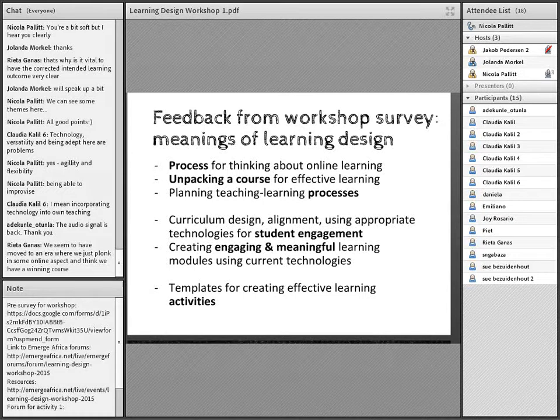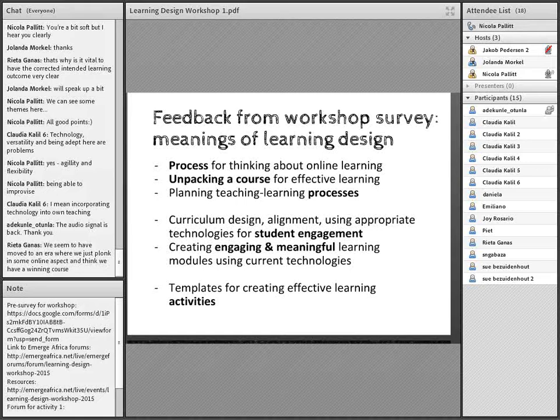So some people said it's around the process for thinking about online learning, unpacking a course for effective learning. So things that have to do with process. Other folks thought more in terms of curriculum design, alignment, talking about student engagement or creating meaningful and engaging learning modules. Others thought about templates for creating effective learning activities, so people doing things.